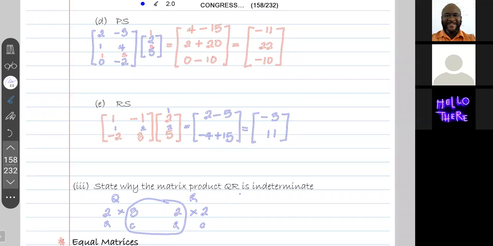So QR is indeterminate because QR is not compatible for multiplication.